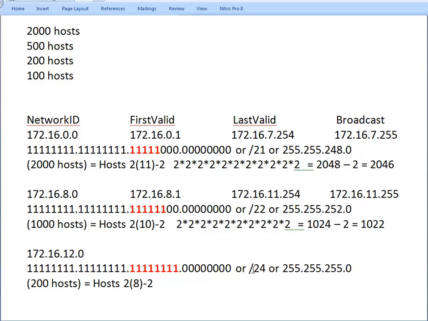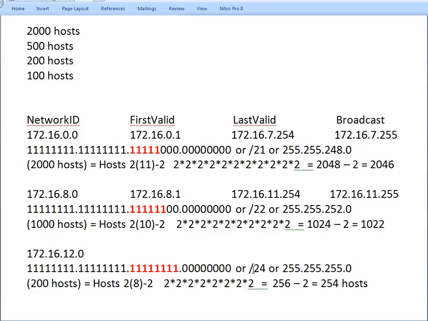So for 8 zeros the formula is 2 to the power 8: 2 times 2 is 4, 8, 16, 32, 64, 128, 256. So this will be 256 minus 2 is 254. This will give us 254 hosts, 8 bits. That's enough. We need 200 only, so great.